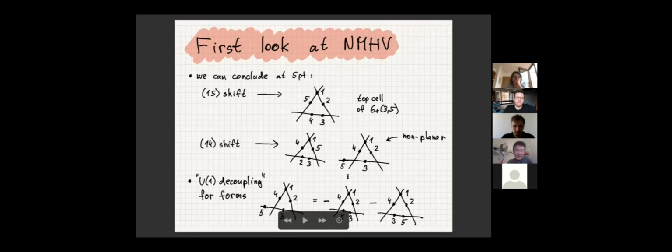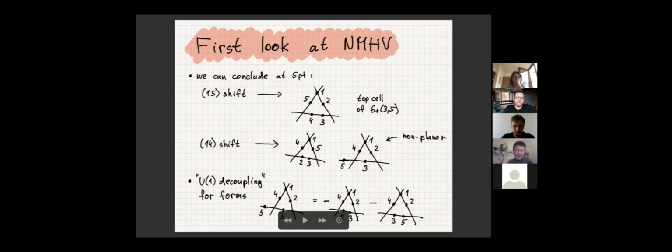And here, in this case, actually, at the level of forms, we can always take this non-planar configuration, and we can use some U1 decoupling identity for forms. We can basically move the point 5 on this line to all different configurations, and we can write it as a sum of two convex configurations with different orderings.